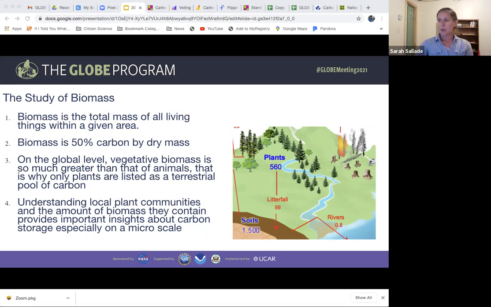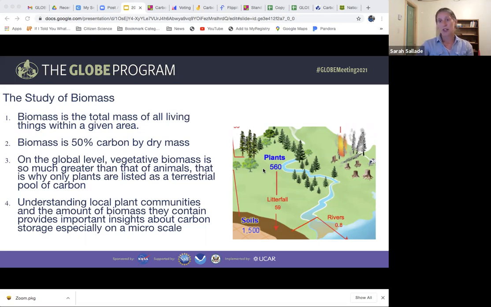It's also important to recognize that on a global level, vegetative biomass is a really important number in the carbon cycle. You can see the global carbon cycle diagram to the right here. Plants contain 560 petagrams of carbon, and that's a very significant number, although if you then compare that to soils, it's only just about a third.